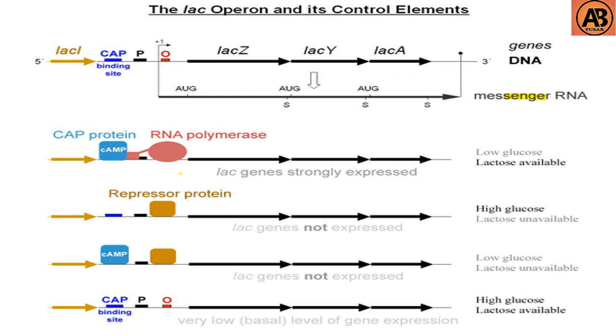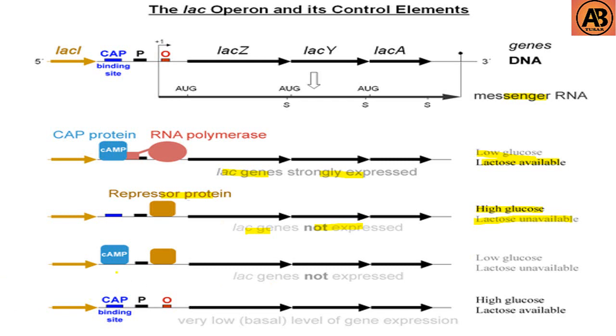In the first case we can see that Lac genes are strongly expressed when glucose is low and lactose is available. Then in the second case, repressor protein binds, so Lac genes are not expressed when repressor proteins are bound. Here glucose is high and lactose unavailable.